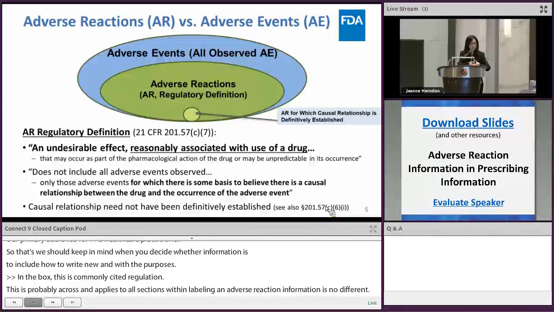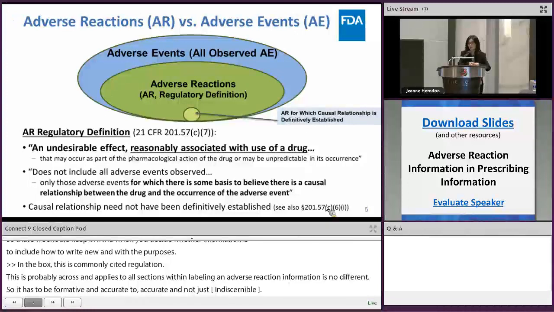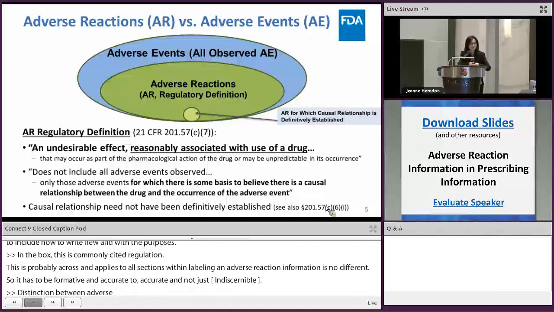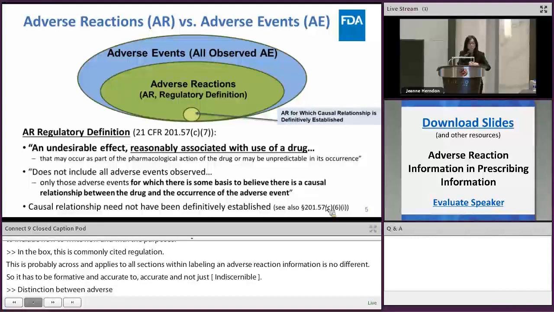These are two different concepts. Adverse events is everything that's reported that's untoward, undesirable, unfavorable, all events that are reported in your period of observation. Distinct from that are adverse reactions. From a regulatory standpoint, what we're interested in are those events that are, this is the way it's defined, reasonably associated with use of the drug.